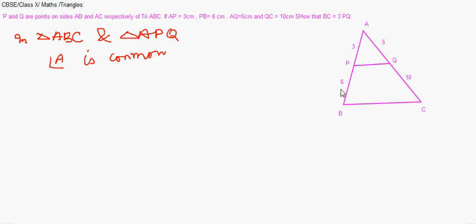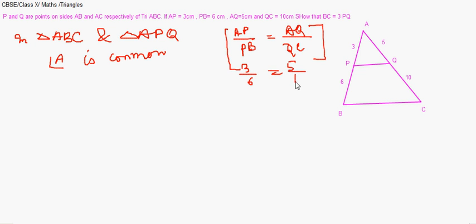Also, if you observe separately here, you see AP by PB is equal to AQ by QC. It's 3 by 6 is 1 by 2 and 5 by 10 is also 1 by 2.